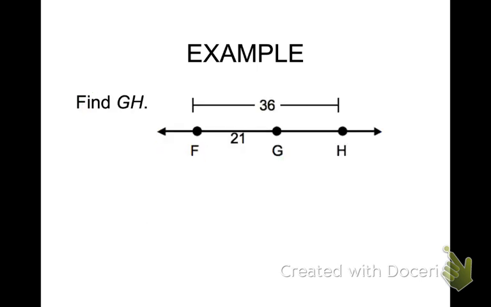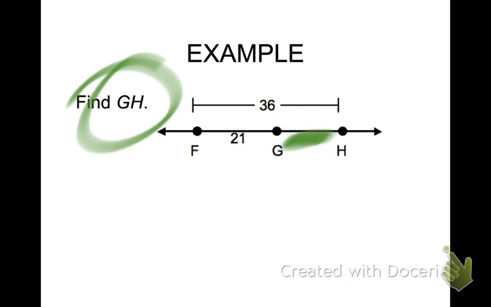All right. Let's step up our game a little bit here for example number 2. Here we need to find the length from G to H, which is this little sliver right there. Liam, what do you think? What's the length of GH? What are you thinking in your head?